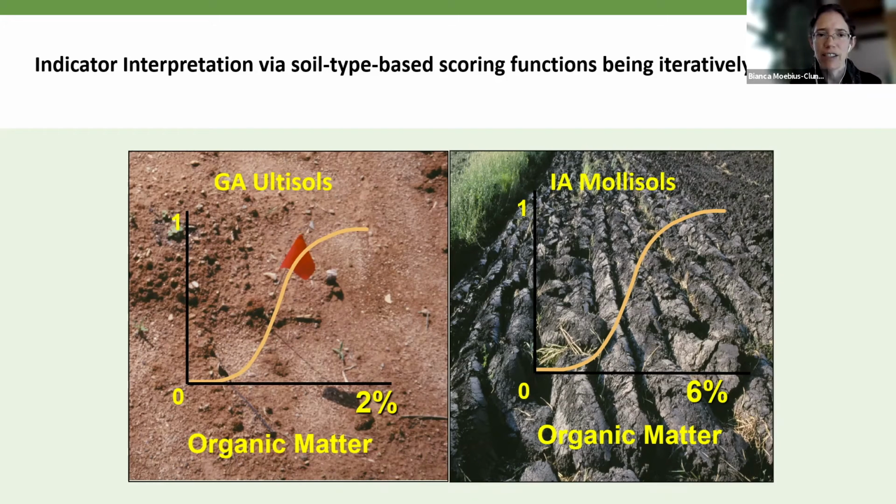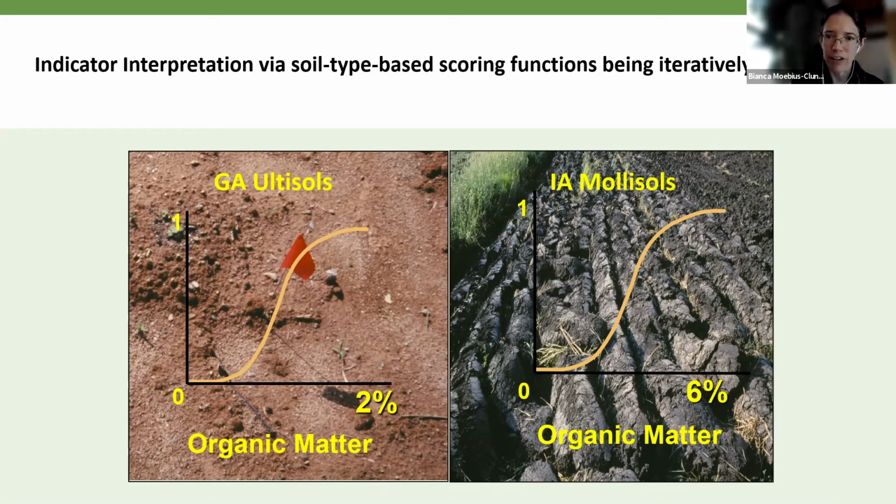But the basic idea is some soils are more able to, for example, accumulate organic matter than others. So in Georgia, where it's really hot and humid, if you get 2% organic matter, that's really good. Whereas in Iowa, that would be abysmal, right?